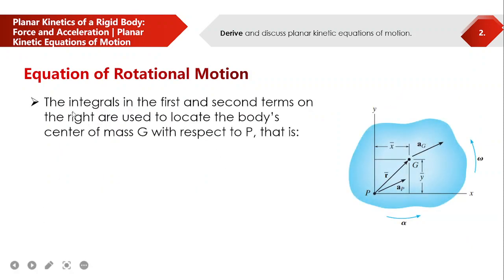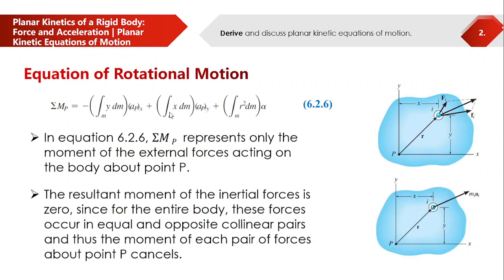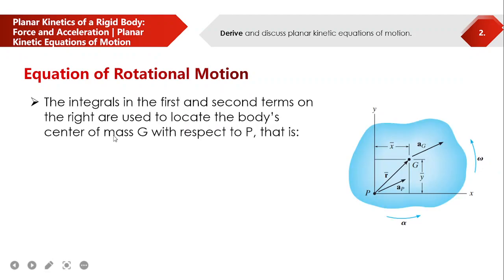The integrals in the first and the second terms to the right are used to locate the body's center of mass G with respect to P. So the integrals of the first and second terms are used to locate the body's center of mass G. That is, the integral of y dm will be y bar times the mass, and the integral of x dm is equal to x bar times m.